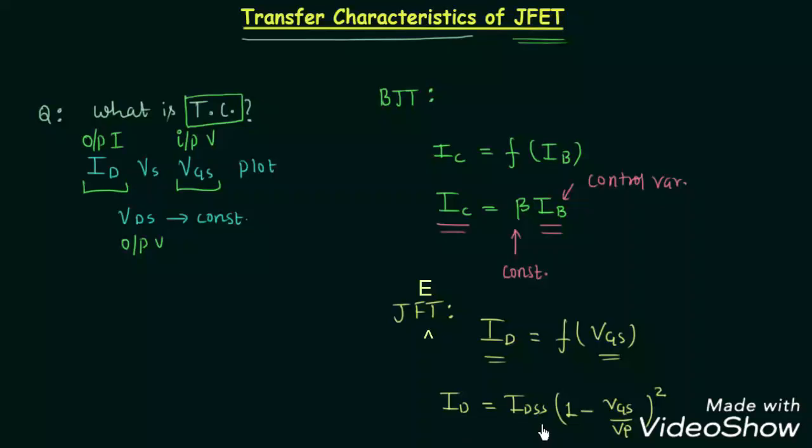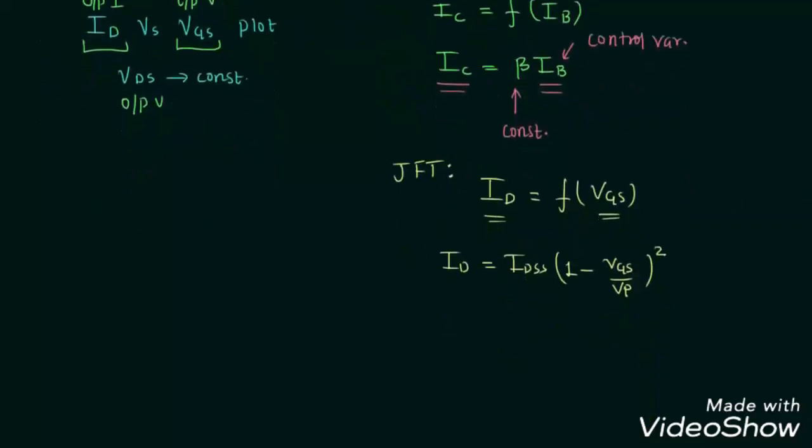ID is equal to IDSS, the maximum drain current, inside the bracket 1 minus VGS, the gate to source voltage, divided by VP. VP is the pinch off voltage, and the whole square. This relationship is important. You will have direct questions based on this relationship.